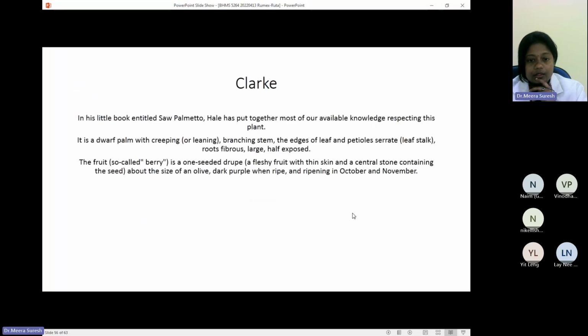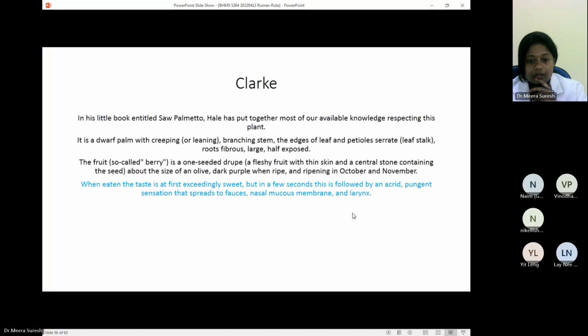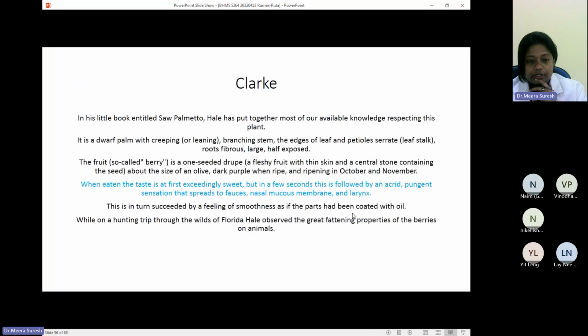And in Clarke, initially there are some symptoms. In his little book entitled Saw Palmetto, Hale has put together most of our available knowledge.